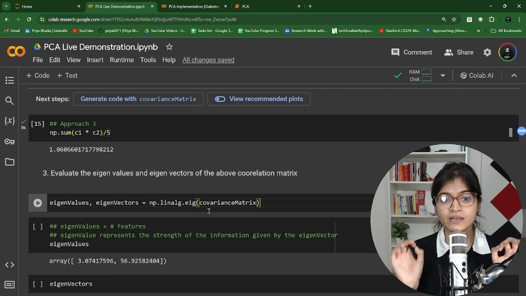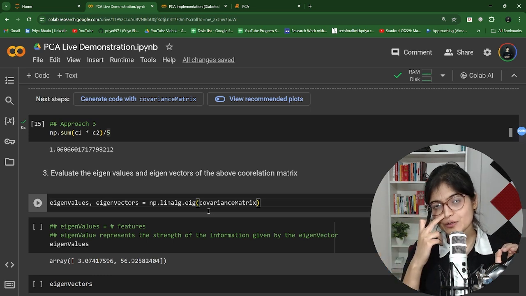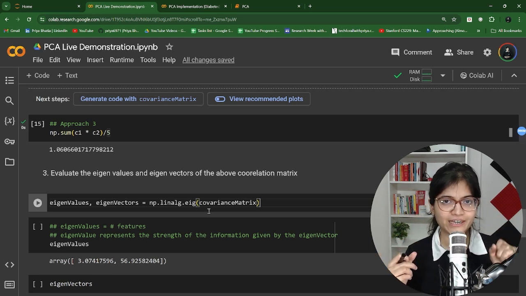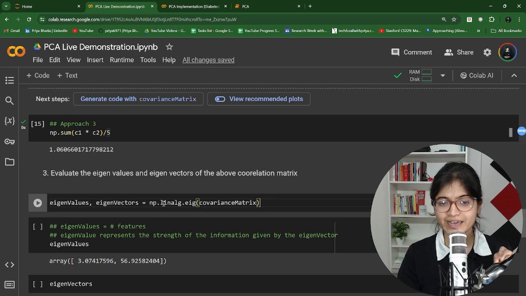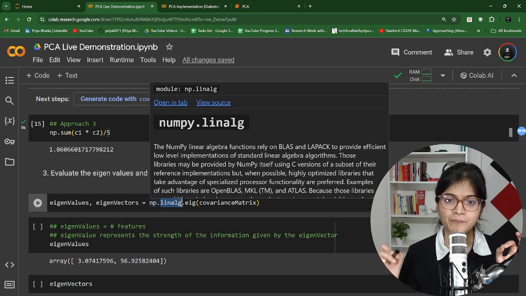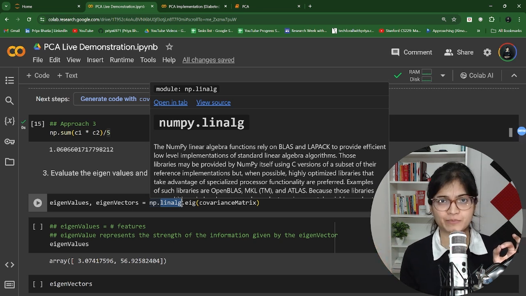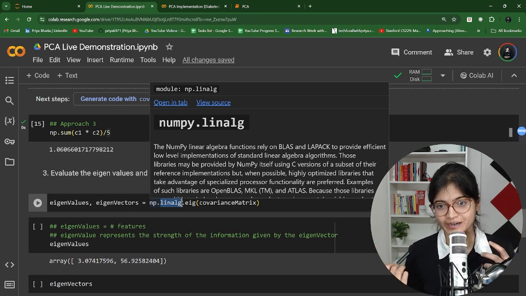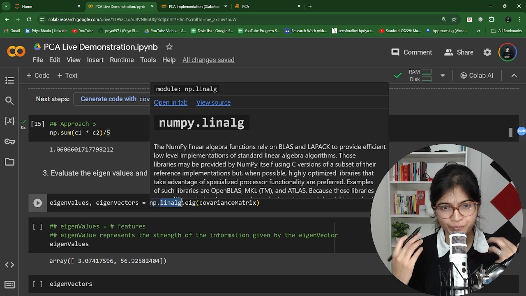That is what we have. With the help of that, we will be able to get an idea of what the eigenvalue and the eigenvector are, with the help of the linalg.eig function. This linalg in NumPy is for the linear algebra functions. Maybe you can refer to the documentation if you want to go beyond that.